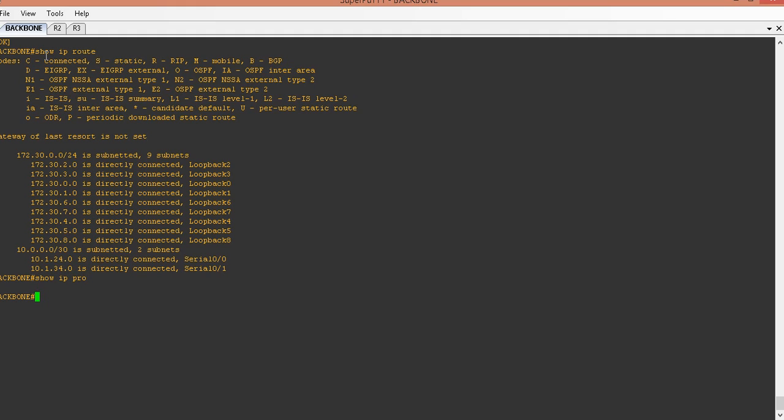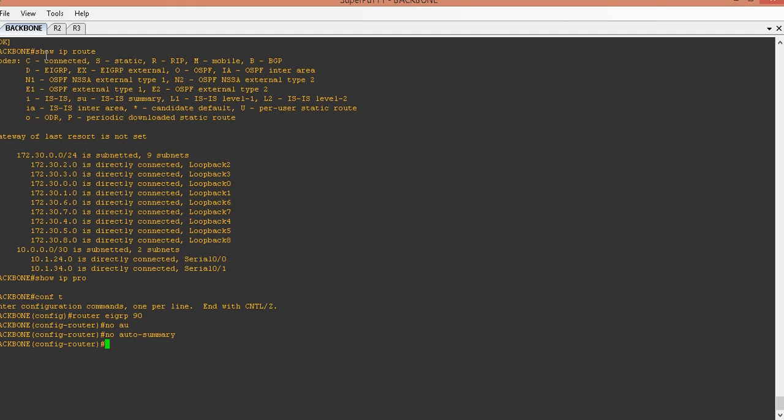There is no routing protocol running on the backbone router. So I will go into the global configuration mode and enable EIGRP Autonomous System 90. Okay, no auto summary. That's the first thing to do: no auto summary, to prevent the routing protocol from running as a classful protocol.